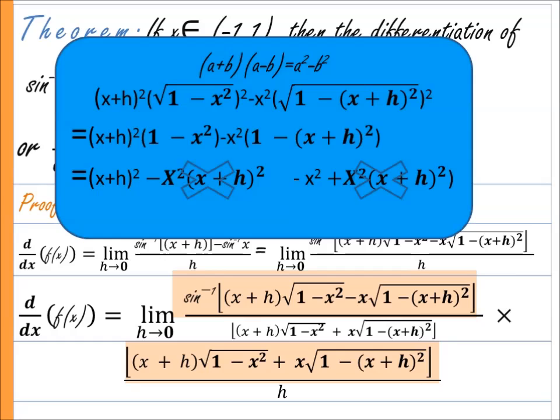And now cancelling out x plus h whole square into x square, this numerator becomes x plus h whole square minus x square.